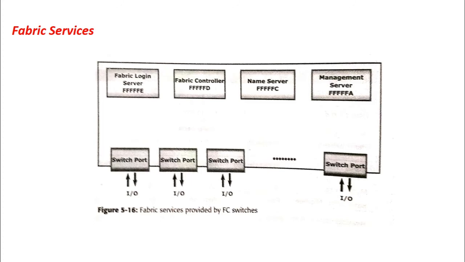The fabric controller also generates switch RSCNs to every other domain, or every other switch, in the fabric. These RSCNs keep the name server up to date on all switches in the fabric. So we have the fabric login service, the fabric controller service, the name service, as well as the management service.